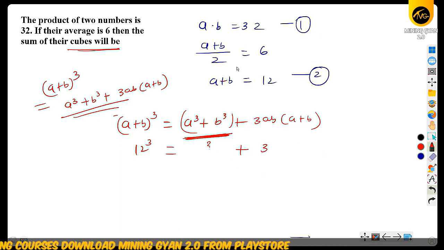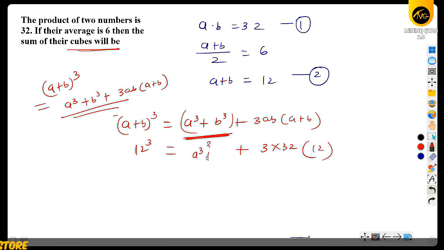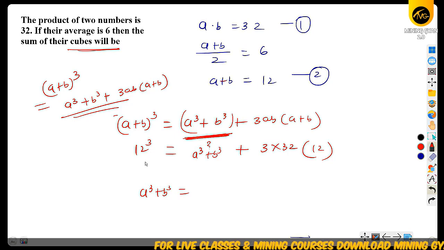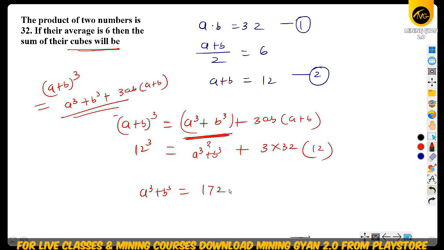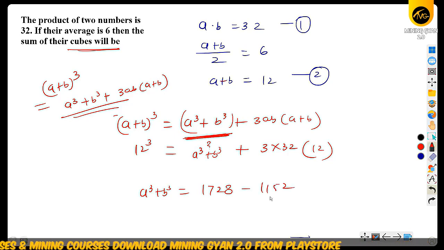Now 3 into AB is 32 and A plus B is 12. So A cube plus B cube is equal to the cube of 12, which is 1728, minus 32 into 3 into 12, which is 1152. That gives 575.